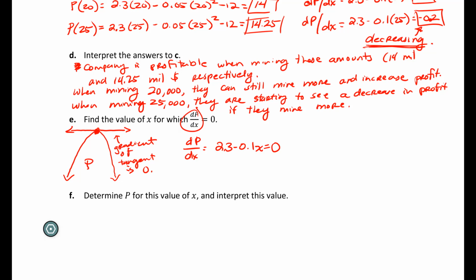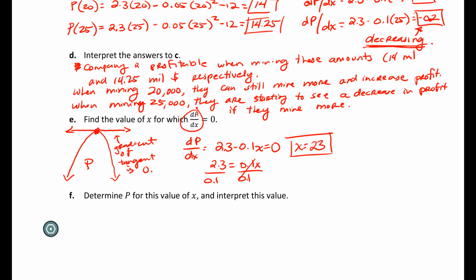Okay, so now we will say 2.3 is going to equal 0.1x. I'm just moving that negative 0.1x to the other side of the equal sign. Now I'm going to divide both sides by the 0.1 to get rid of that. Then we have x alone. And here we'll see that x is equal to 23.